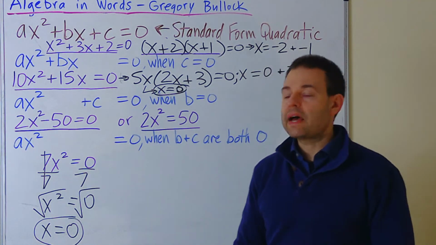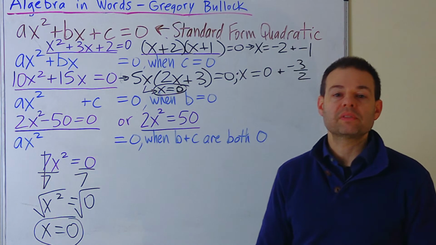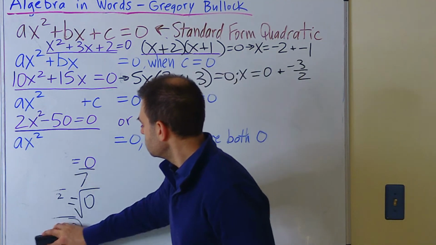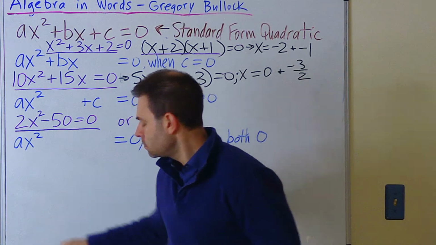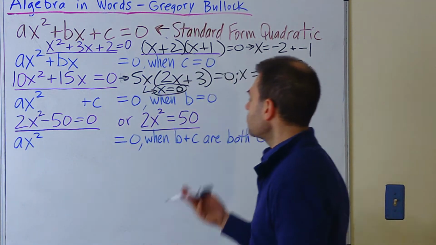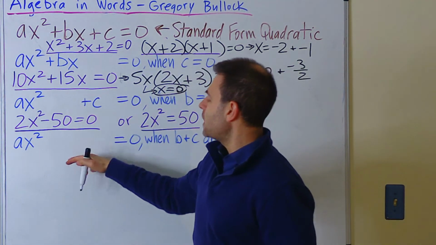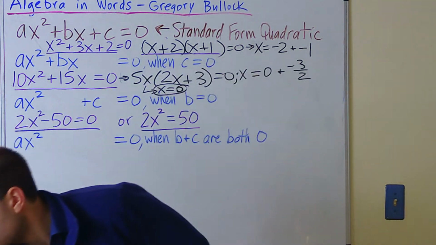So let me erase that, and now we'll come back to these two problems that I promised a second ago. Alright, and let's take this now below, and I should probably erase this so it doesn't get confusing.